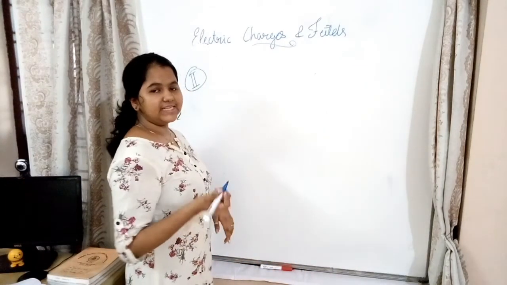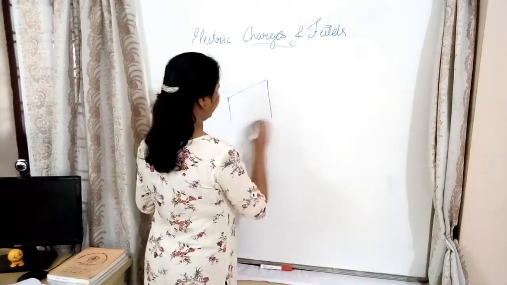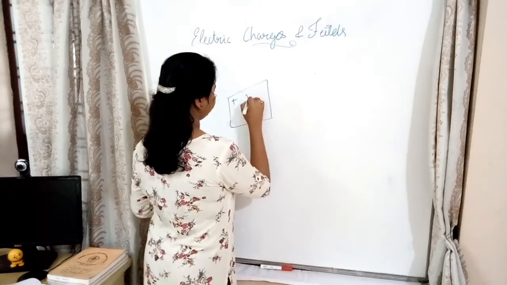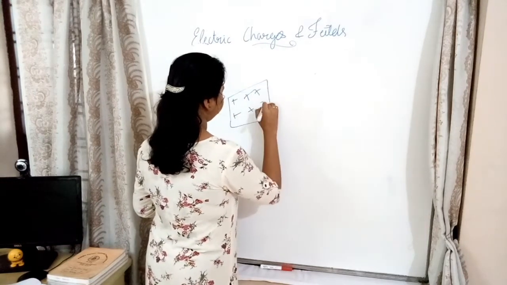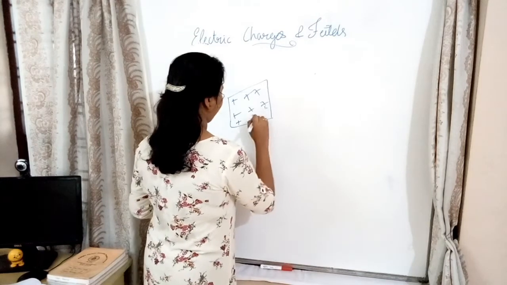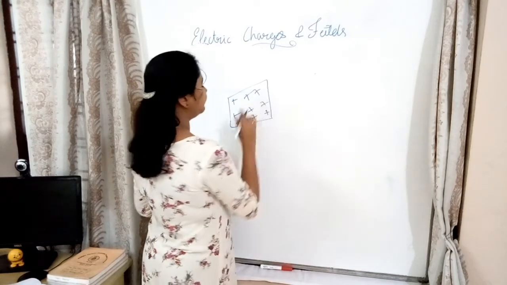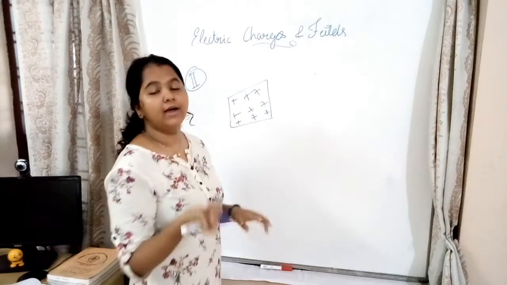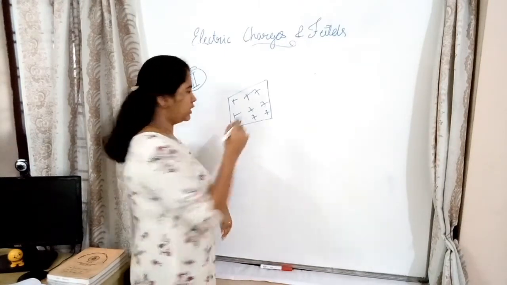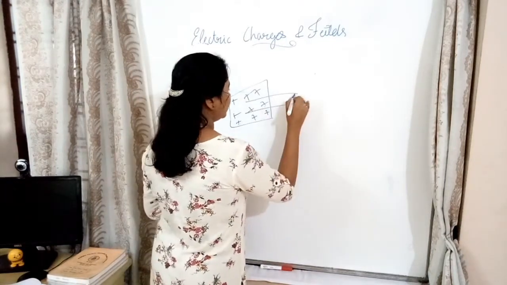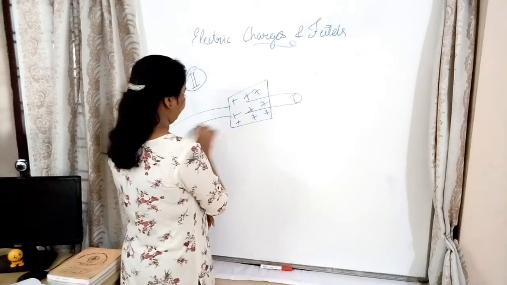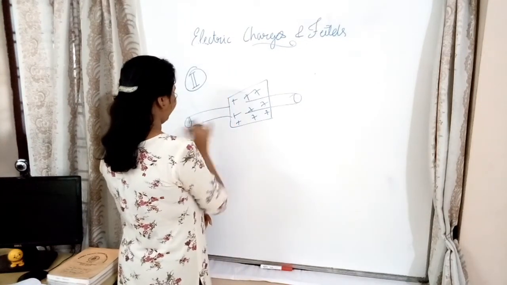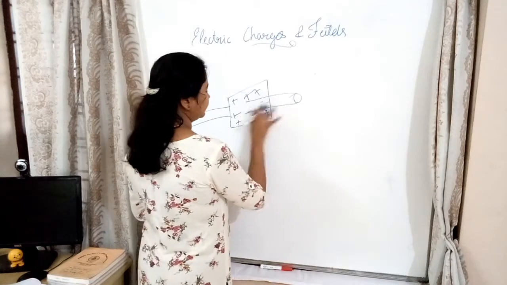The second one is for the plane sheet. So let's draw a plane sheet. We have to find the electric field, or the electric flux, through a small area. So we'll imagine a Gaussian surface. Okay, this is a Gaussian surface.